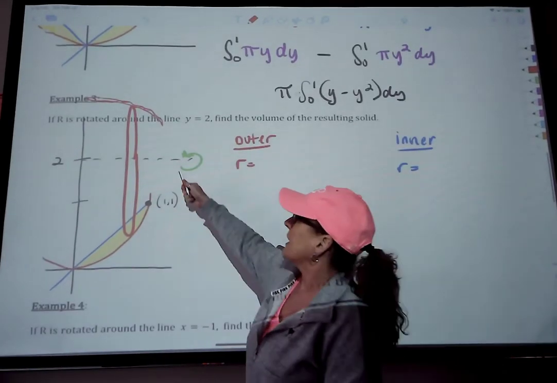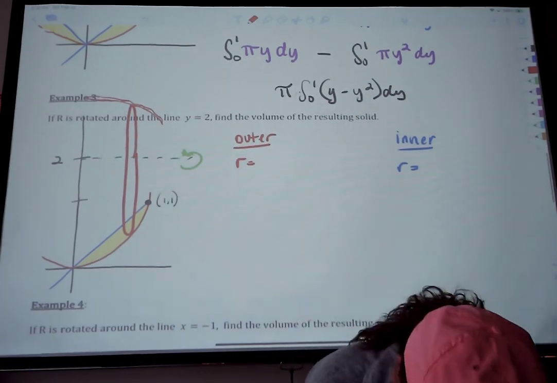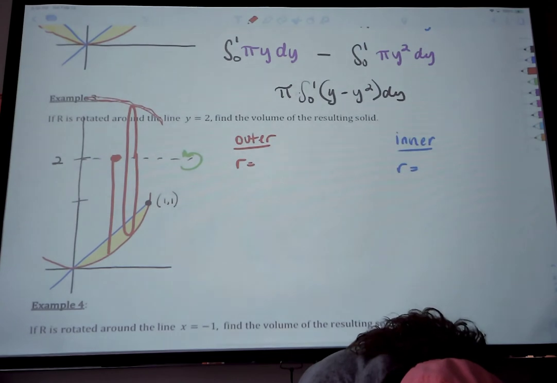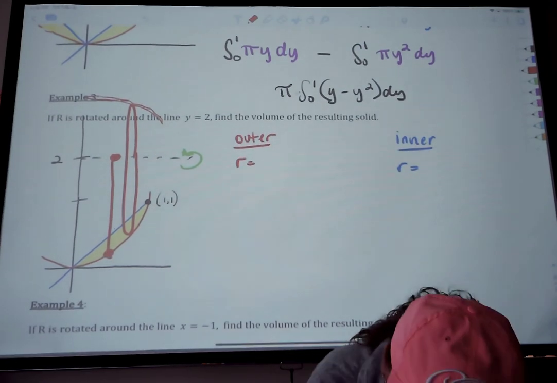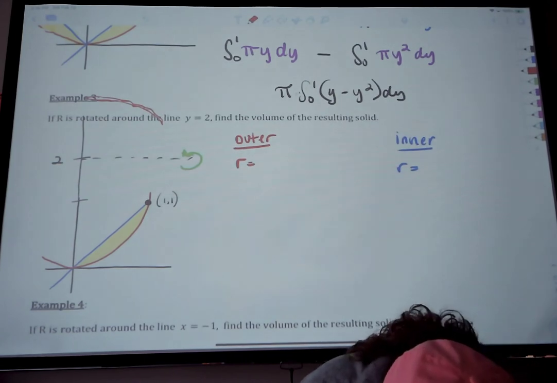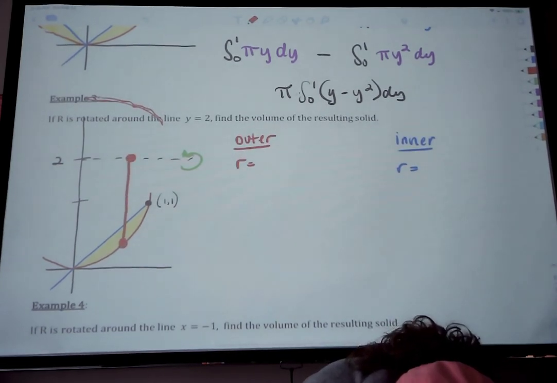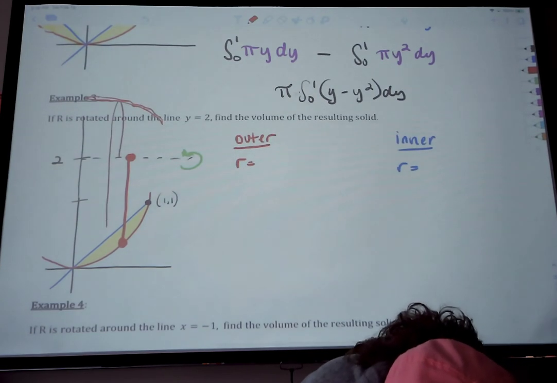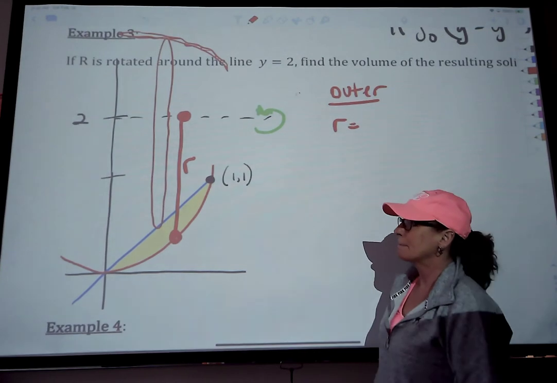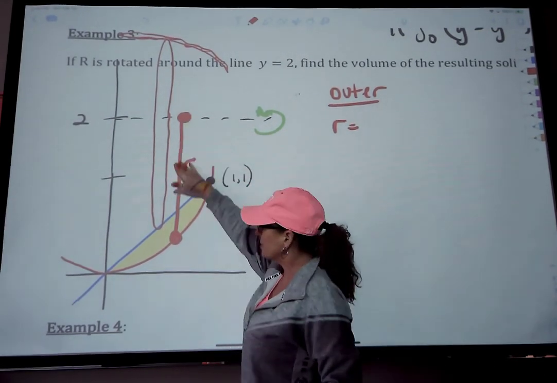Now I could draw the radius up here, but I'm going to draw it down here where there's more stuff going on. So my red radius is going to look like this. In fact, I think I'm going to draw it here. The circle looked like that. Red radius looks like that. Okay. There's a radius. Goes from the center of my revolution to my function.